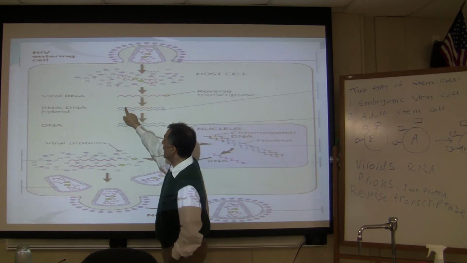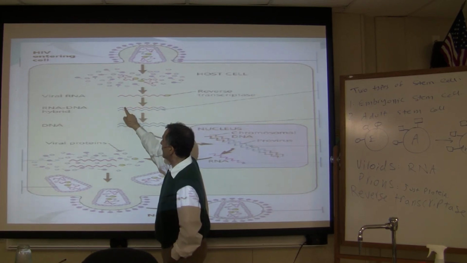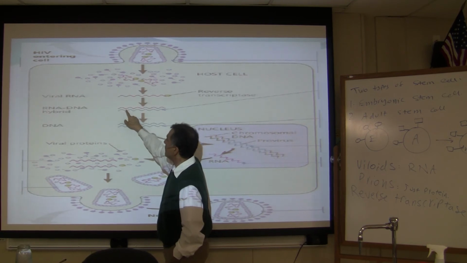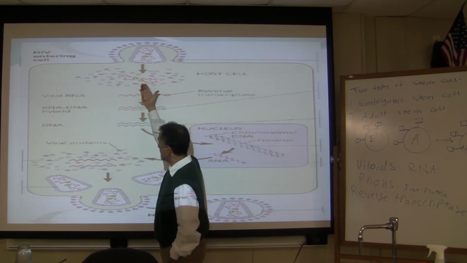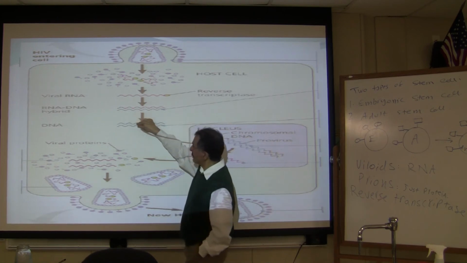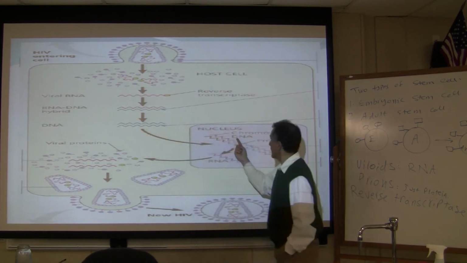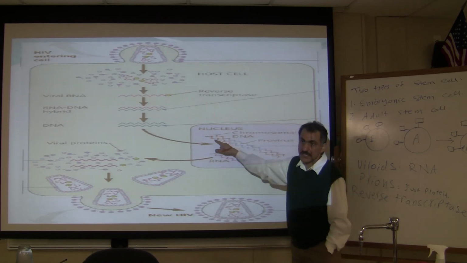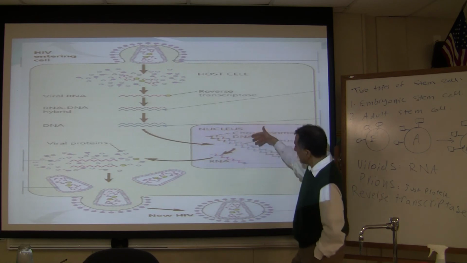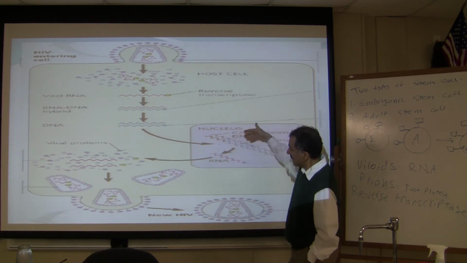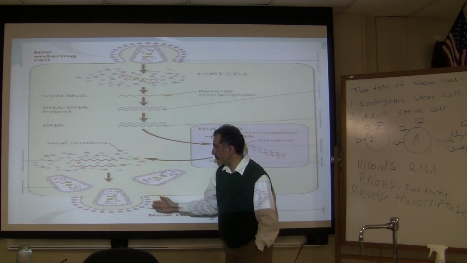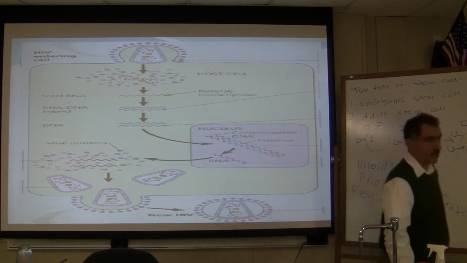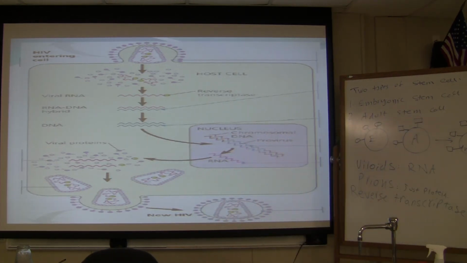So DNA from the virus, RNA from the virus, DNA based on the RNA of the virus. Then the DNA duplicates itself. The DNA goes into the nucleus and inserts itself into the DNA of the host cell. And then based on that DNA, RNA is synthesized. RNA comes out, and then of course uses all of the machinery of the host cell and multiplies itself and gets out of the host cell. That's how HIV multiplies.